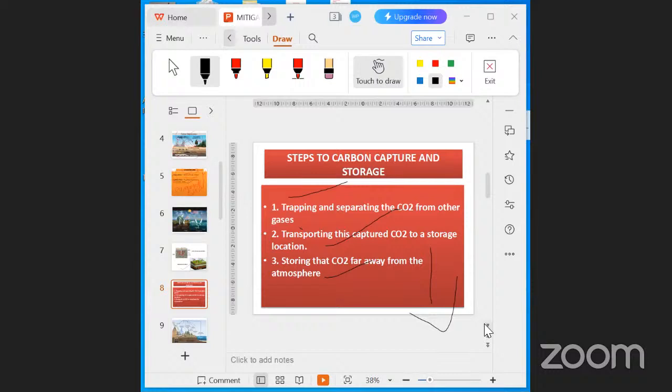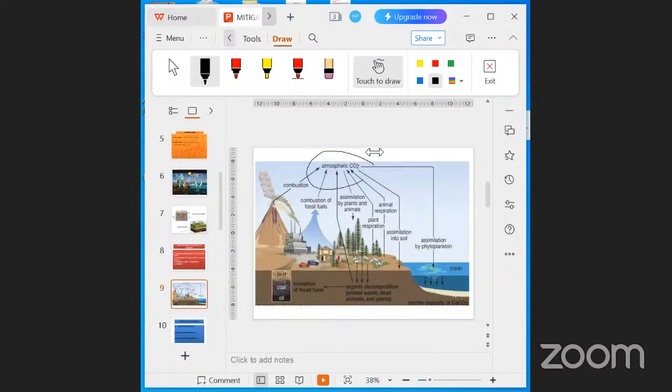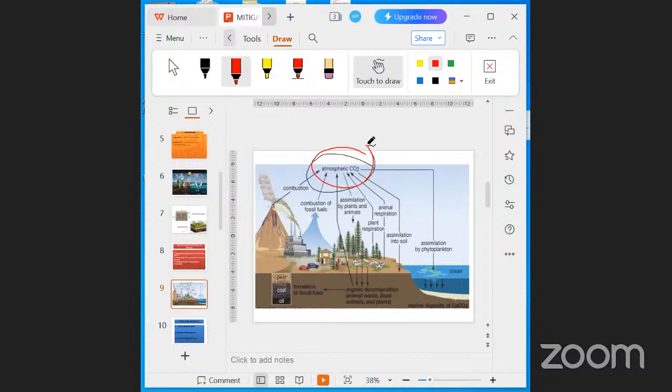Normally the carbon dioxide is taken from the atmosphere and stored deep inside the water or in the land.